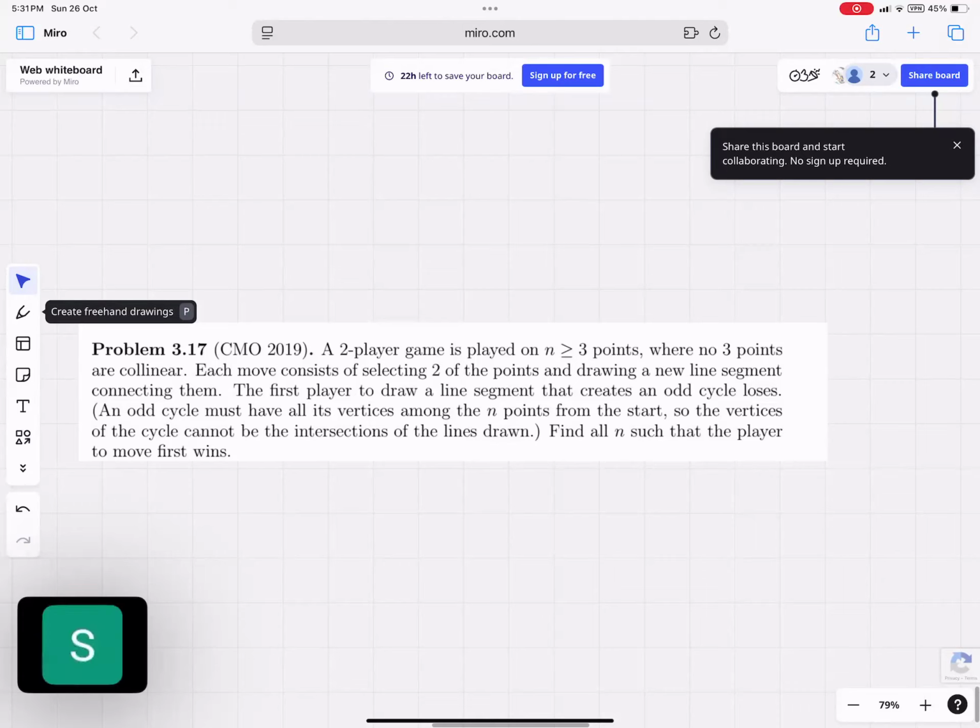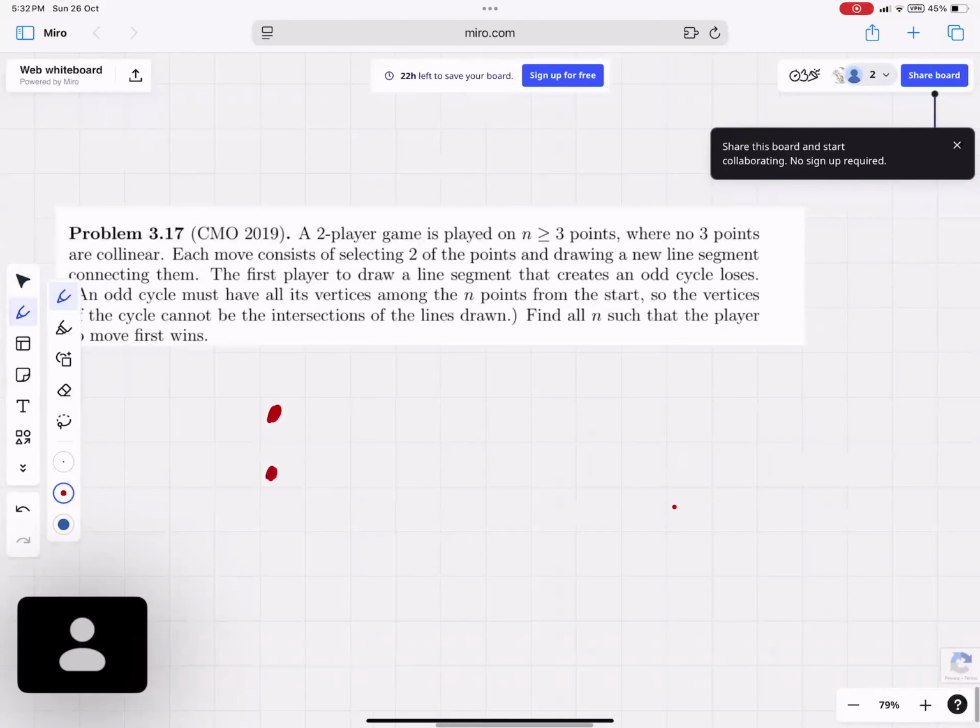Yes. Okay. So the moment someone loses, what does the graph look like before that? Like the moment someone is forced to lose. It should be bipartite. Yes, a complete bipartite graph. Yes, that's correct, Arav.